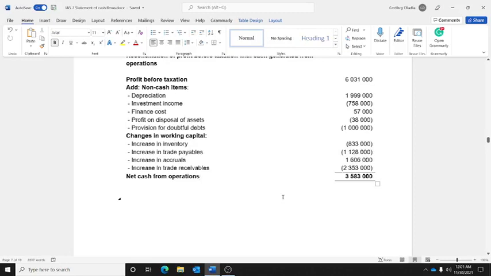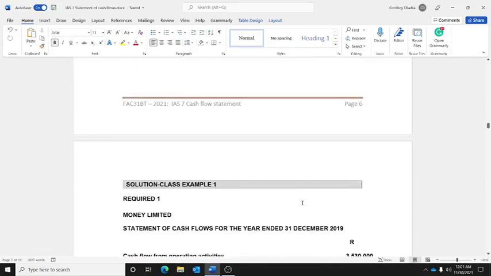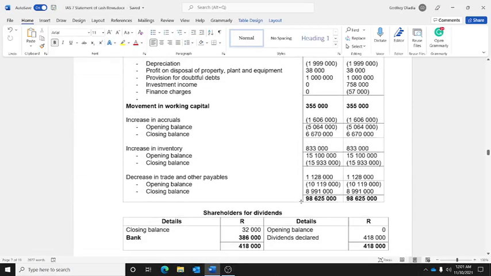Increase in accruals. Is that an increase? Let's check. Our accruals, where is this calculation? Accruals from 5 to 6. Right.